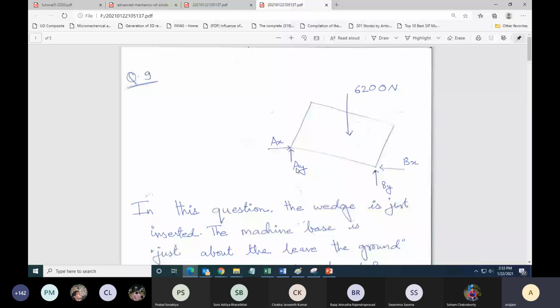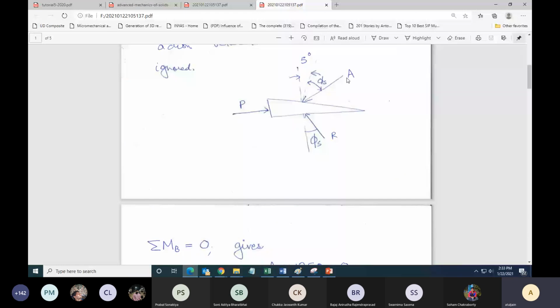If I write forces as AX and AY, it is only a function of the coordinate axis system that I choose. So while drawing the wedge, the resultant A will pass at an angle phi s from the normal, that is agreed. But this does not stop us from breaking it into two components, AX and AY.